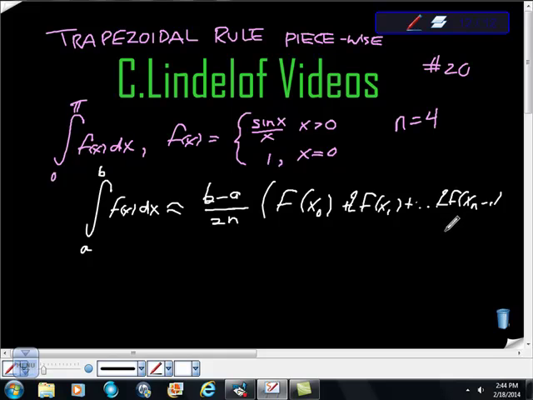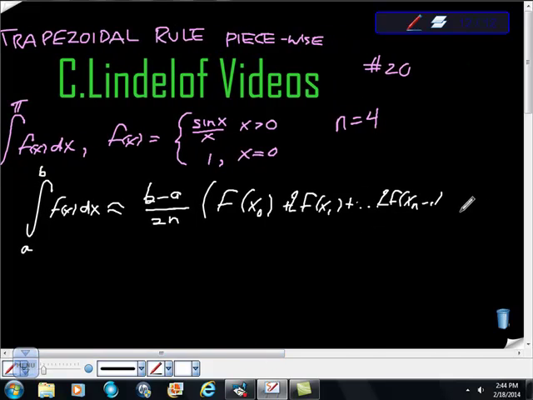But remember, on the last approximation, we don't use the 2. We just use plus f of x sub n. So the pattern is 1, 2, 2, 2, 2, 2, 2, 2, 2, 2, 1 at the end.